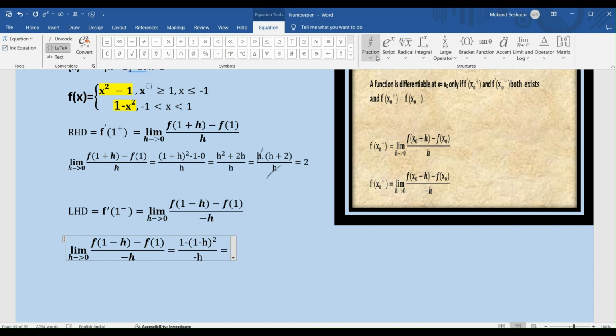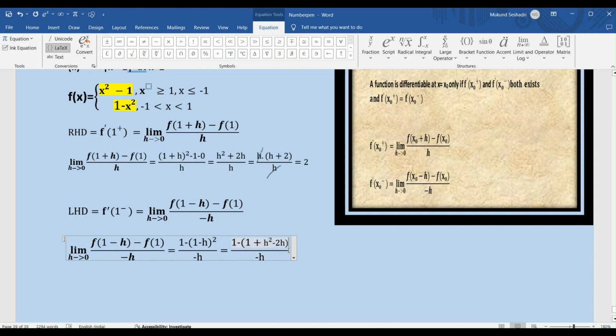So I can further expand this. And when I expand it, what do I get? 1 minus. What is my 1 minus h the whole square? It is nothing but 1 plus h square minus 2h. So this is what I get. And remember, folks, you have a negative sign in the denominator. Don't miss that out.